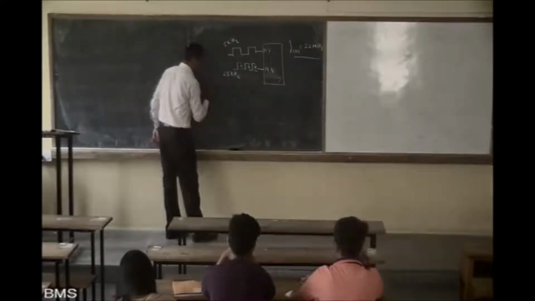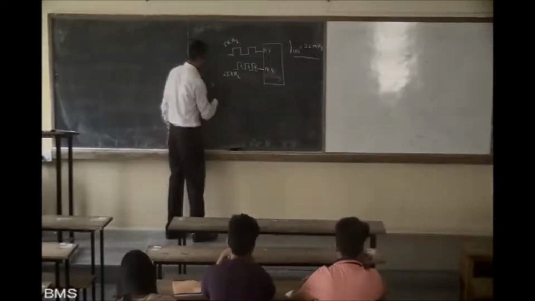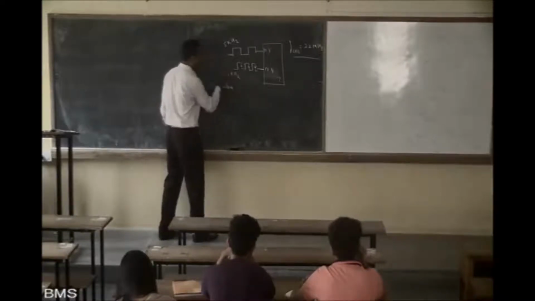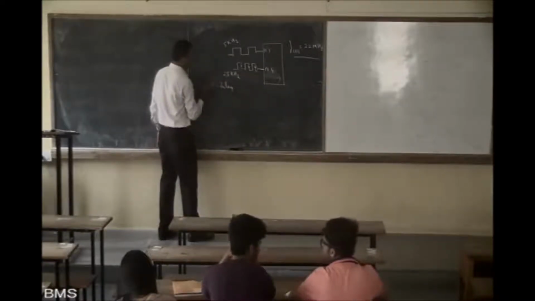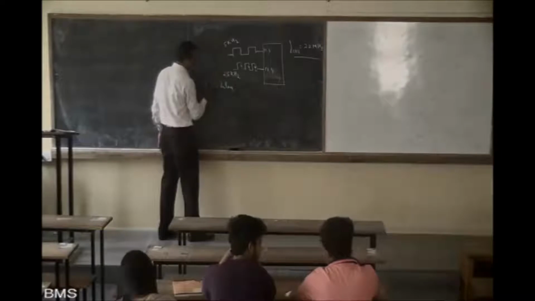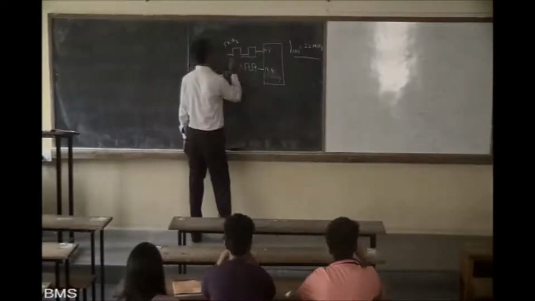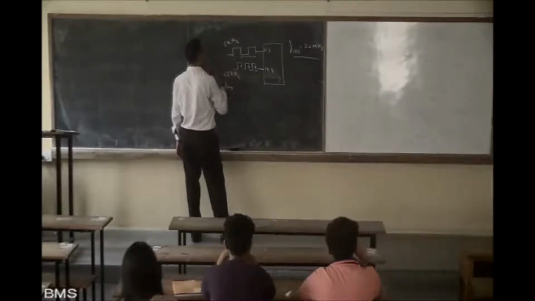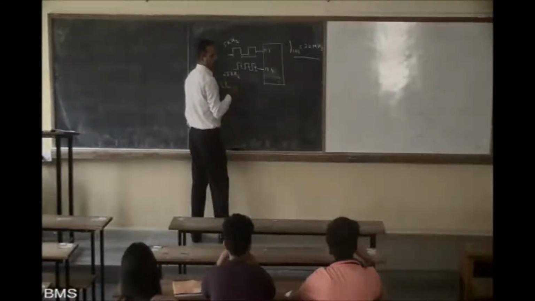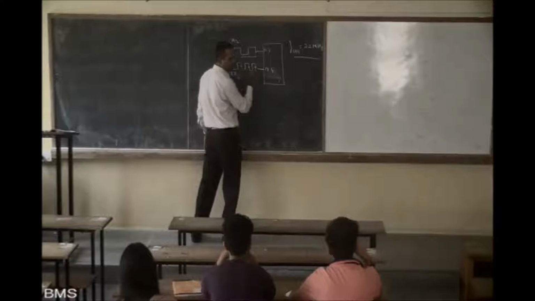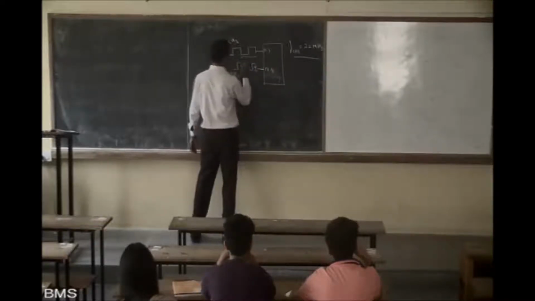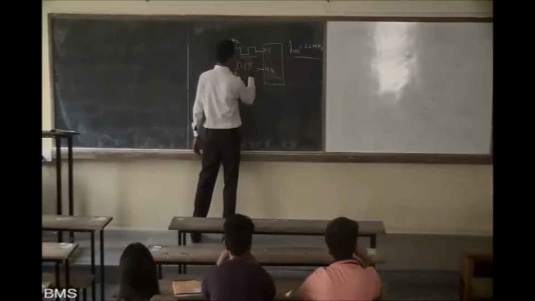Define some X amount of delay. Let us say in this case it is 1 millisecond. At 5 kilohertz, what is the period? 5 kilohertz is 0.2 milliseconds.